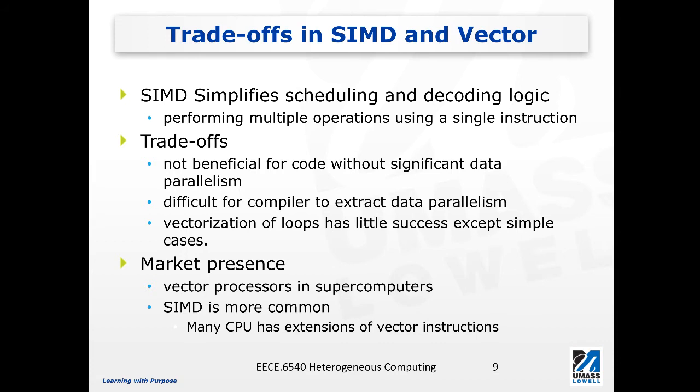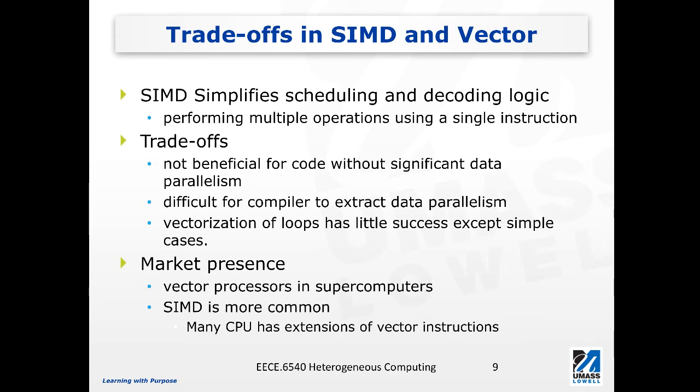It is not really beneficial for code without significant data parallelism, and it's challenging for the compiler to extract data parallelism, and the vectorization of loops has little success except very simple cases.